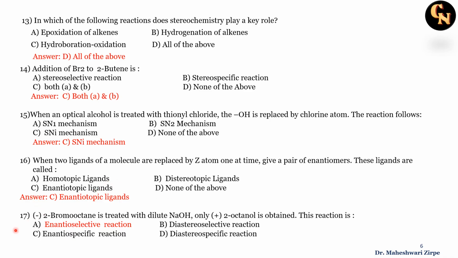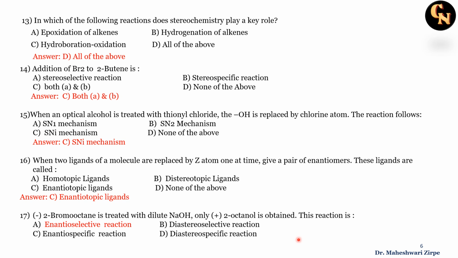Now the next one is minus. Minus here indicates levorotatory. Okay, see the 17th one, it is minus 2-bromooctane. Minus indicates levorotatory. 2-bromooctane is treated with dilute NaOH, and only plus 2-octanol is obtained. Here the reaction taking place is that bromine is replaced by the OH group.